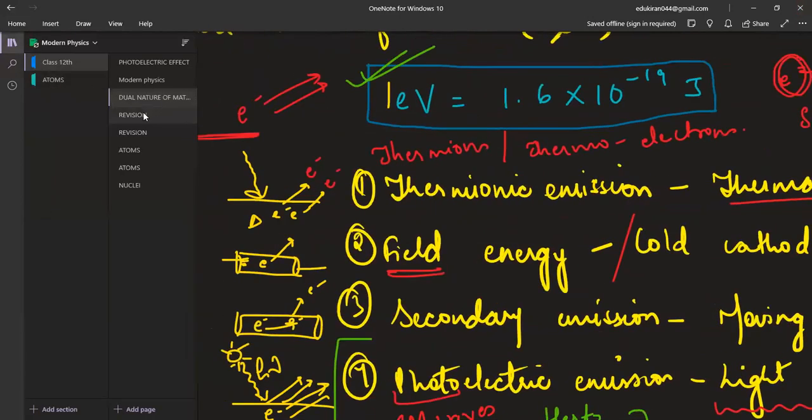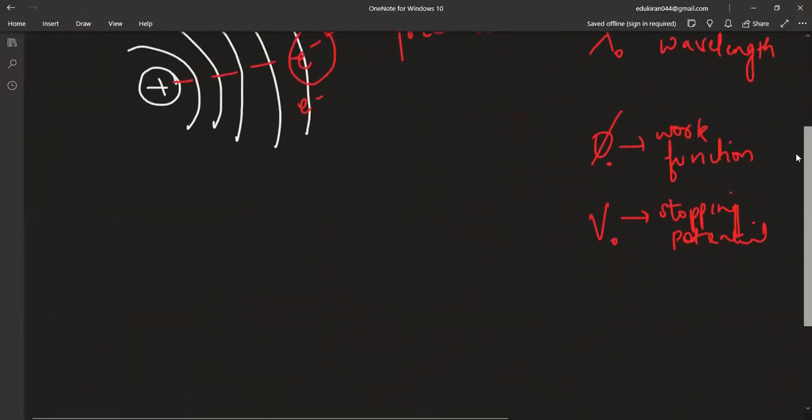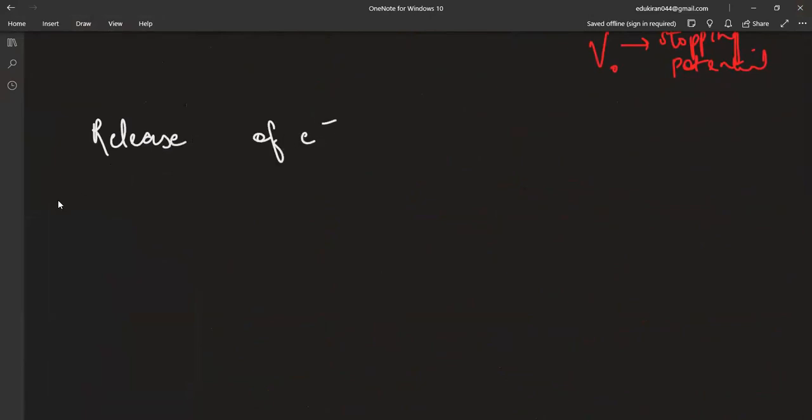Let me write this separately here because lots of things are written over here. Just keep on paying attention to it. So how do we release the electron? Release of electrons. The first process is through thermionic emission.